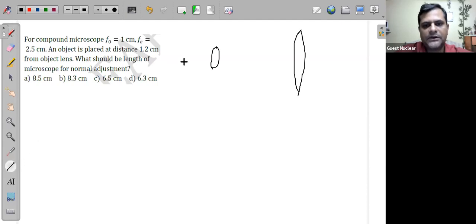Both of them are on the same axis like this, and the object is placed at a distance of 1.2 centimeter here. यहाँ पे ऑब्जेक्ट हमने रखा हुआ है जिसका डिस्टेंस 1.2 सेंटीमीटर दे रखा है. ठीक है, इसको हम u बोल सकते हैं. And then FO is already given. Okay, FE is also given.